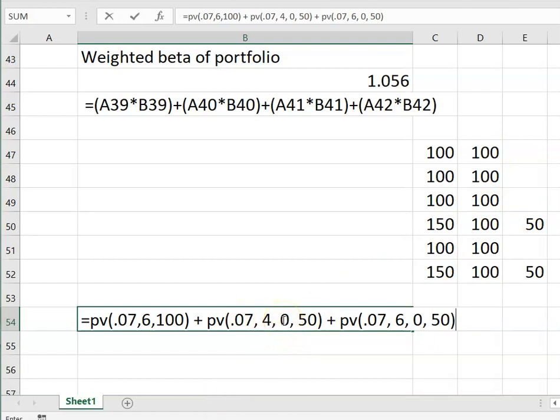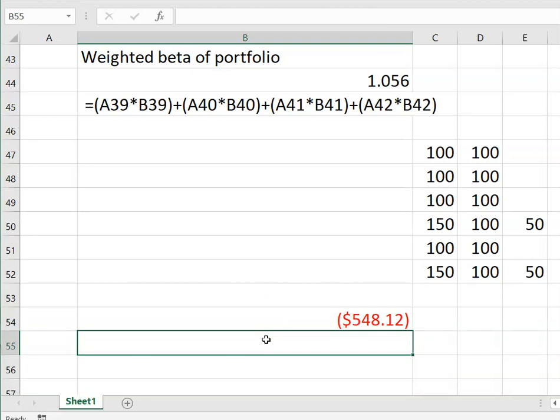There's no payments, but there is just the future value. So I'll take that. And I do the same thing for this last 50 sitting out there. Required rate of return is 6%. It's now 6 periods out, no payments, just that future value of 50 that I'm counting. All right. So if I do that, I should get a present value of $548.